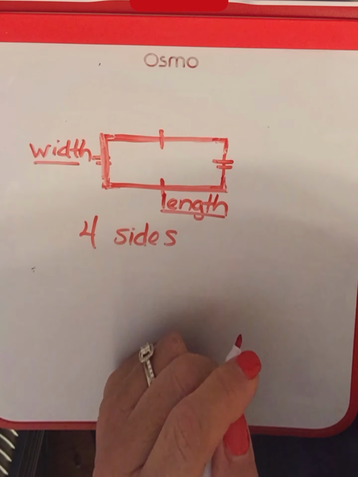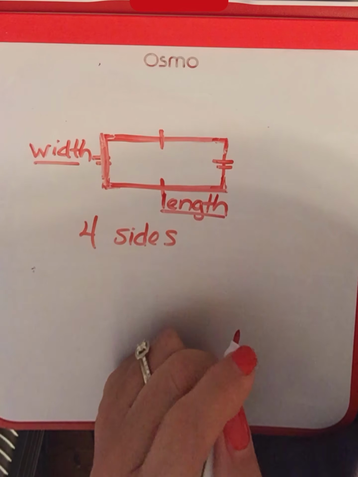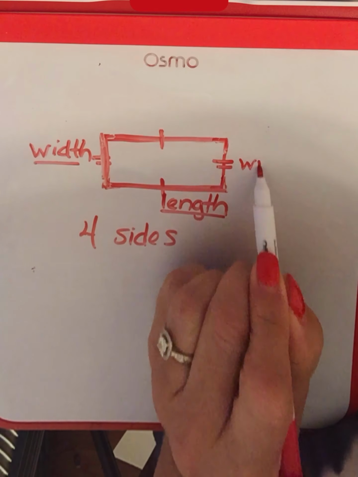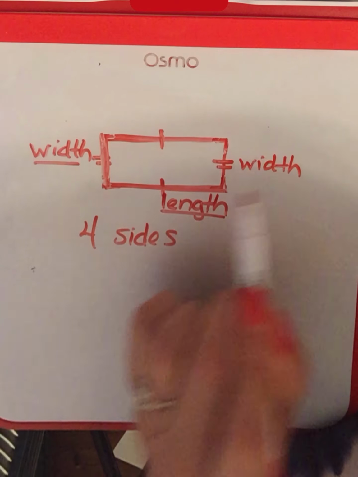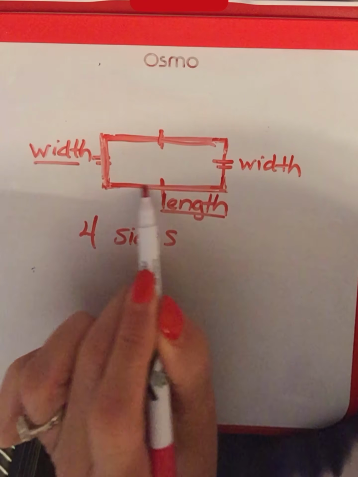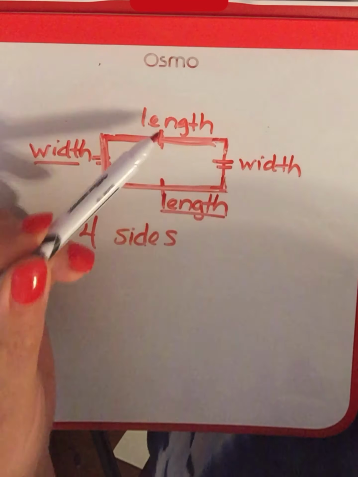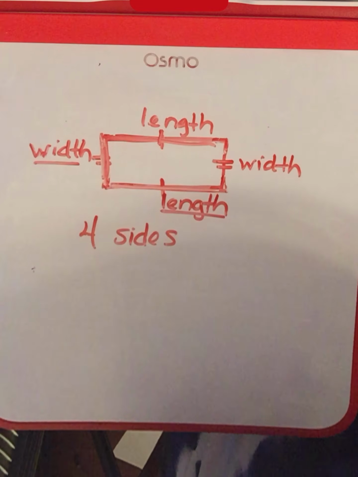This opposite side would be width as well, the other short side, and this opposite side that is the same length would be the length. So the longer sides are length and the shorter sides are width.